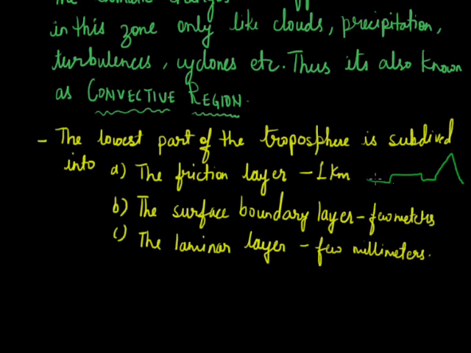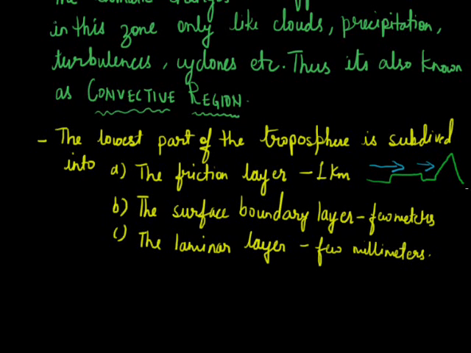We see that any landform that comes on the route of the wind affects the direction and the climatic condition of the area, as you have already studied in previous classes, that if there is a hurdle on the route of the wind, then it either causes precipitation or forms a dry zone, or diverts the direction of the wind. So the maximum effect of friction, that is the surface which affects the movement of the wind, is witnessed in this zone.